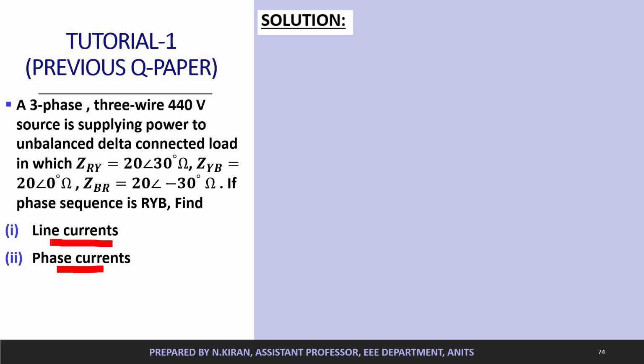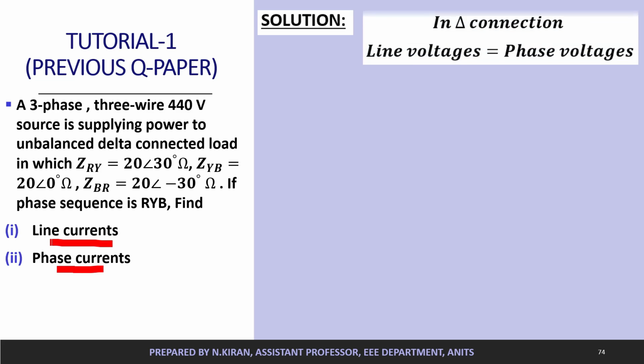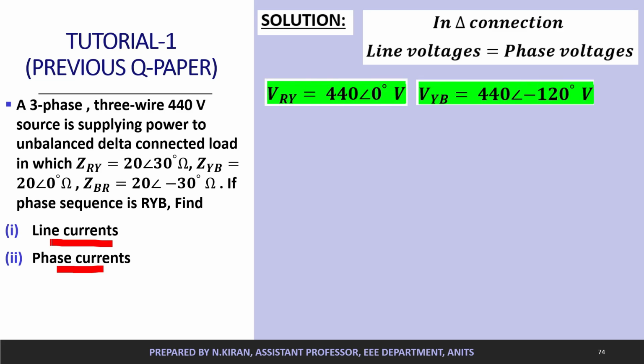So since RYB phase sequence is being followed, in the delta connection system, the magnitude of line voltage as well as phase voltage are equal. Therefore, VRY, VYB and VBR magnitudes are 440, equally displaced by 120 degrees from each other.